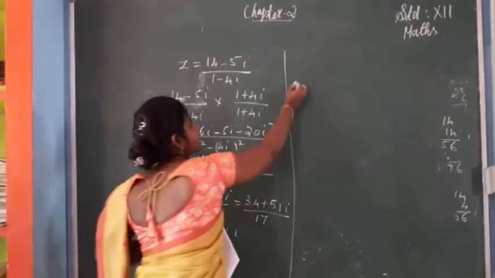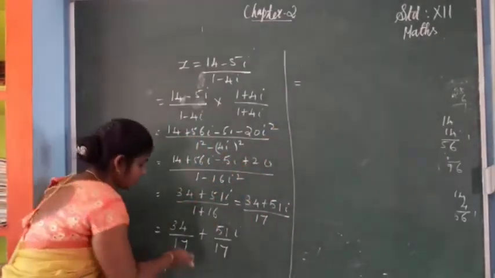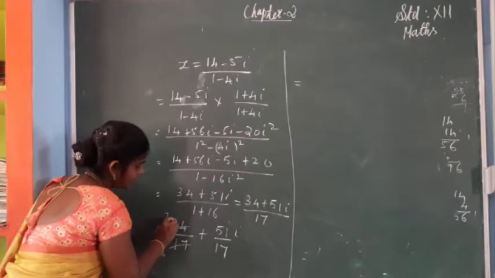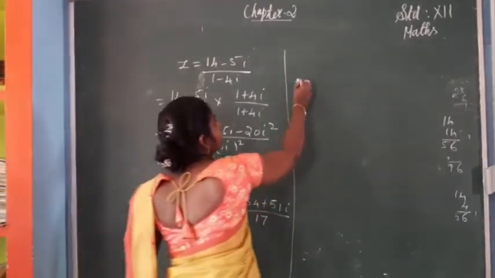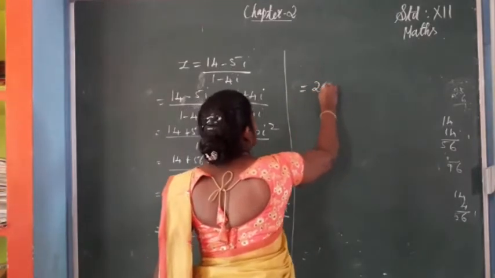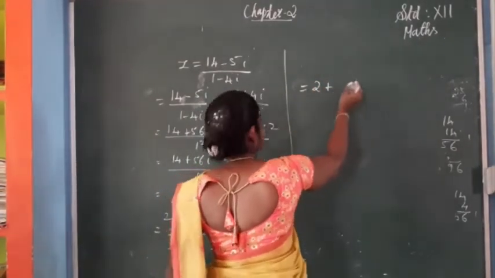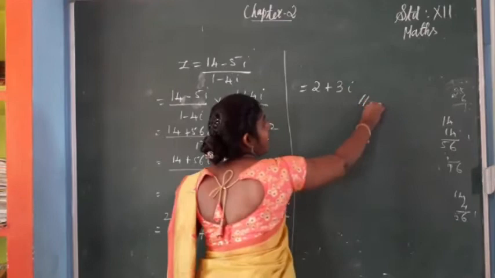So if we cancel, you will get 2 here, cancel, you will get 3. That's equal to 2 plus 3i. This is the answer.